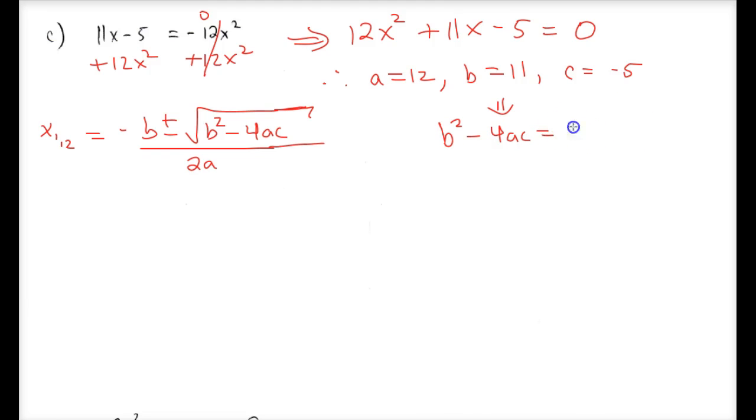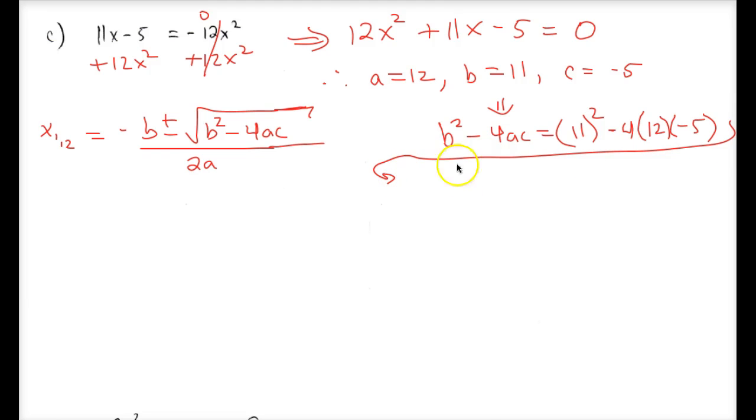And so we have 11 squared minus 4a and c. Let's see if we can kind of curve this around here. So 11 squared is 121.